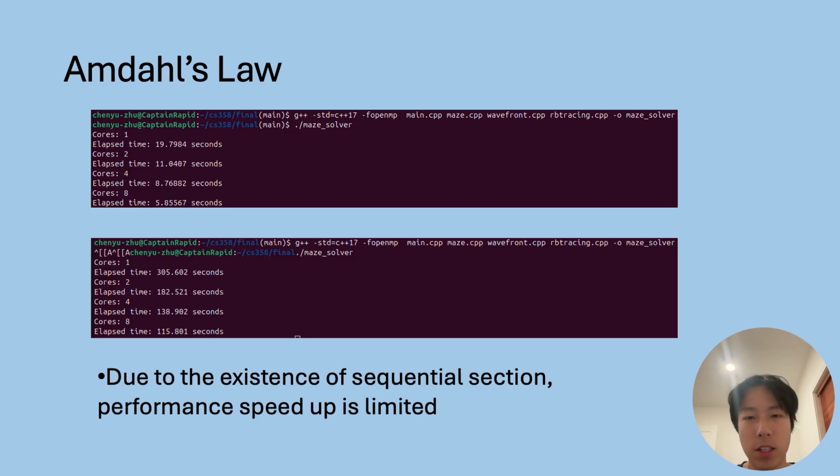In this case, it would take almost no time, like 0 seconds, to complete the parallel section, but the sequential section is not sped up, so it will take the same time. So eventually, the speedup rate will be limited.